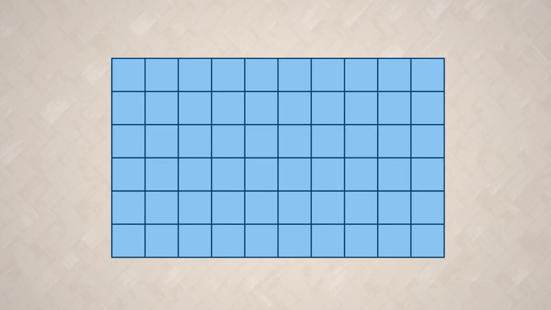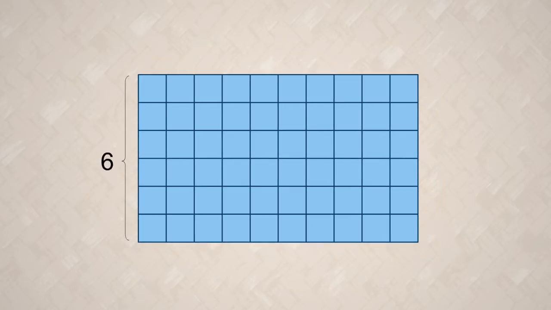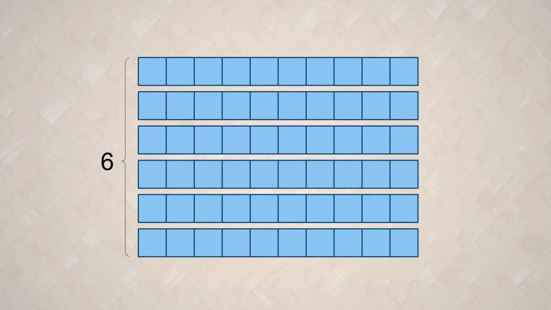But with multiplication, it was much easier. All we had to do was to figure out how many rows of tiles we would need and how many tiles were in each row, and then multiply the two numbers. Since we figured it would take 6 rows of 10 tiles, we knew that we would need 6 times 10, or 60 tiles.